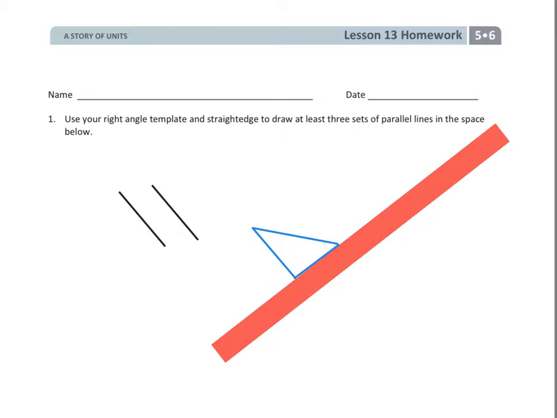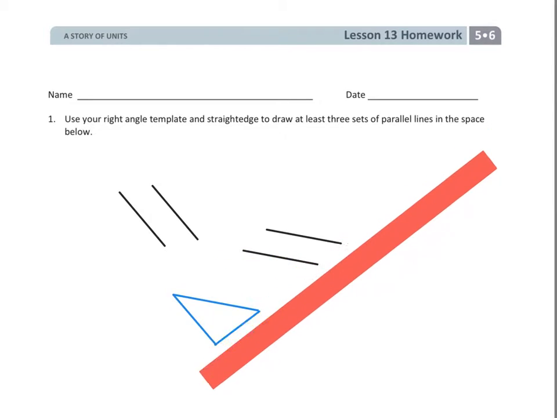So I'll put a line in here, and this is going to look kind of tough for me to do, and I'll move it up so you can see it. So there's one line, and then I'll move my triangle down, and I'm going to put another line in here, and I'm going to put it right on this, and then I can move this away.